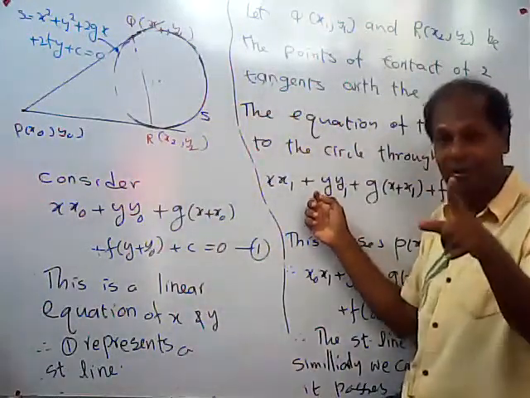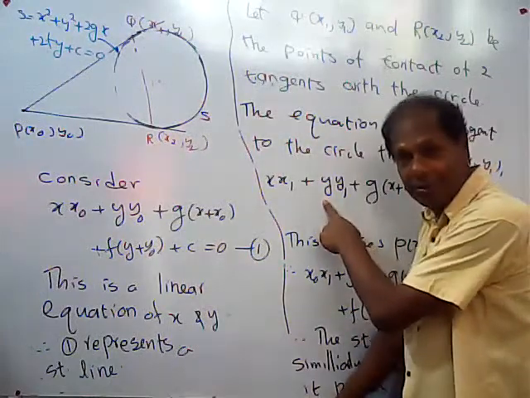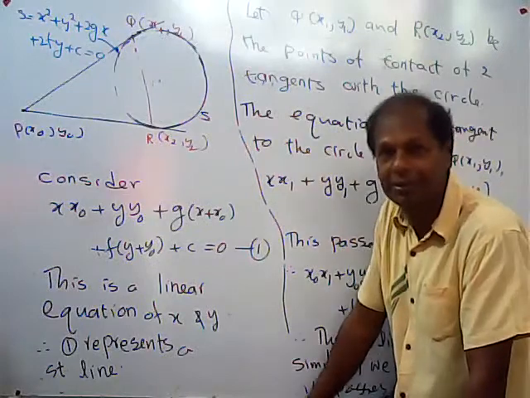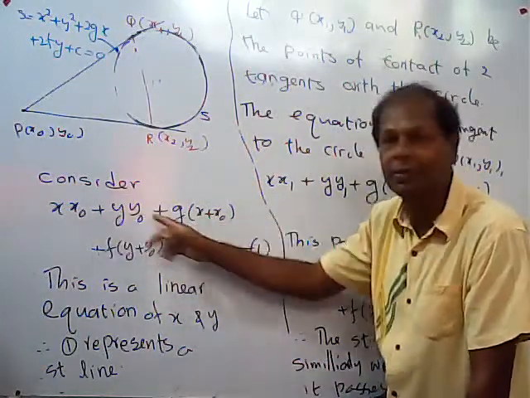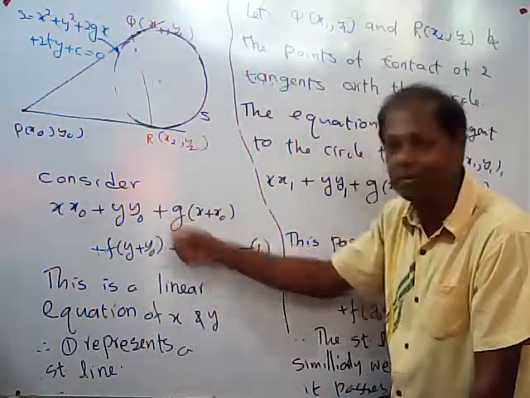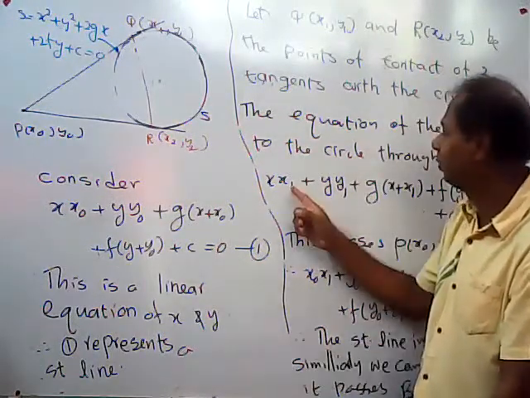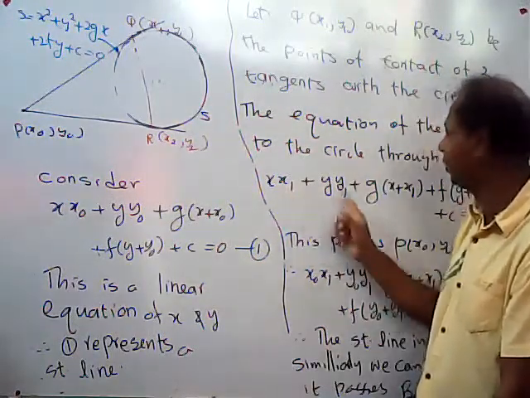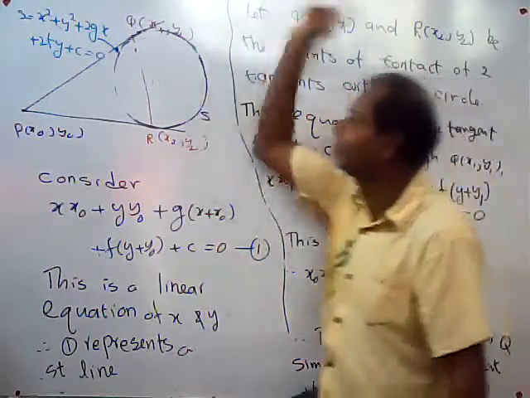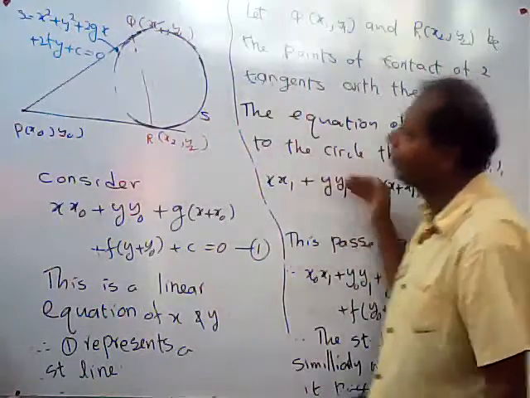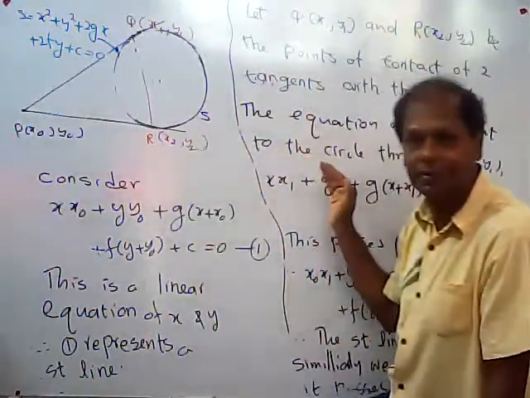Then we said, not this, not this. This is the equation of the polar, with x0, y0. This is the polar. When you have x1, y1 here, that represents this tangent. If you have x2, y2 here, that will represent this tangent.